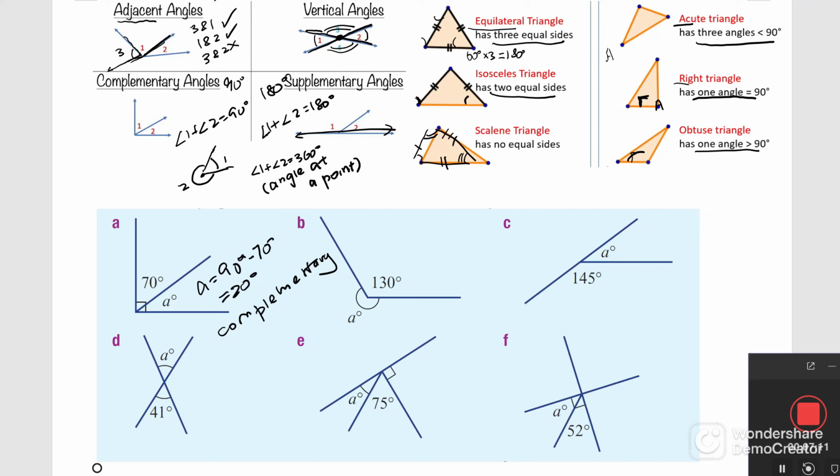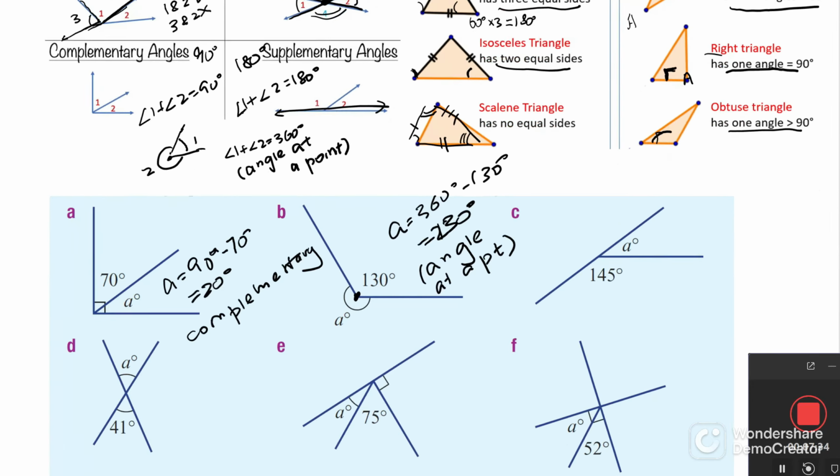Now, question B, angle at a point. So A would equal 360 minus 130, and that gives you 230 degrees. And you're going to write down the reasoning: angle at a point.